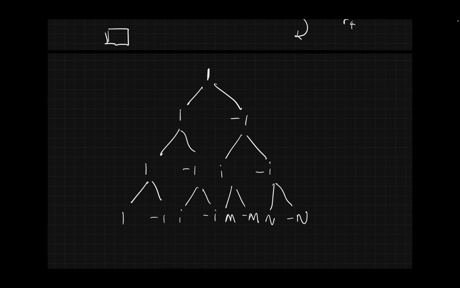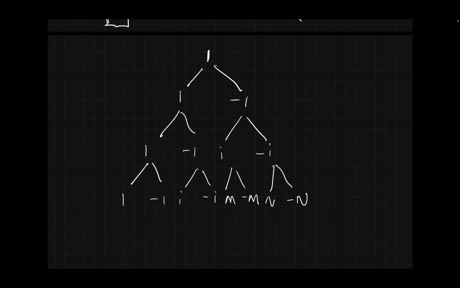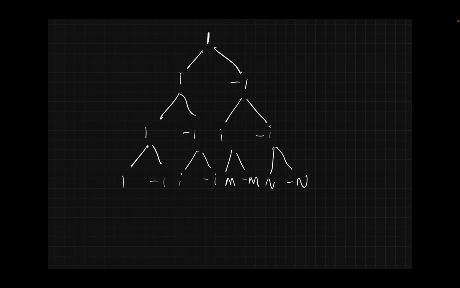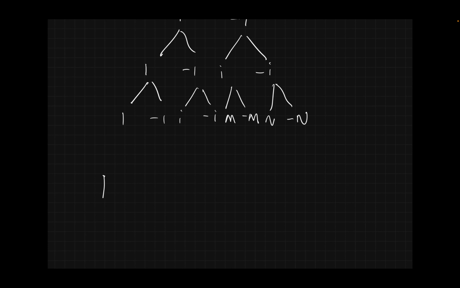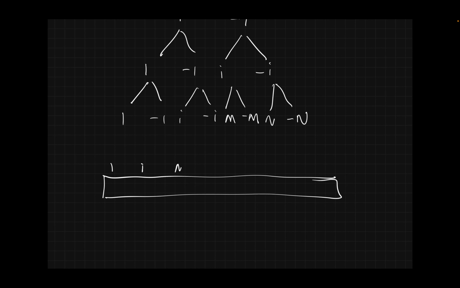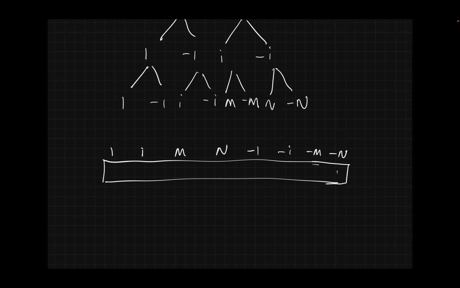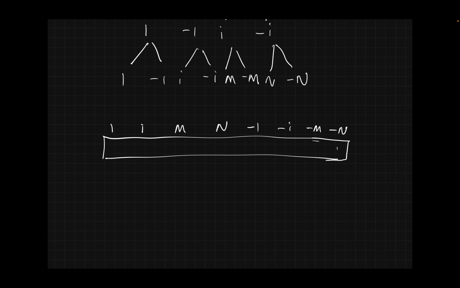Makes sense? So, let's say you had the original codeword that had 1, 2, 3, 4, 5, 6, 7, 8 values. Okay? So when you encode it, you're going to encode it with, let's say 1, I, M, N, minus 1, minus I, minus M, minus N. That's a random order. I'm just doing all the positives first and then all the negatives. Does that make sense?